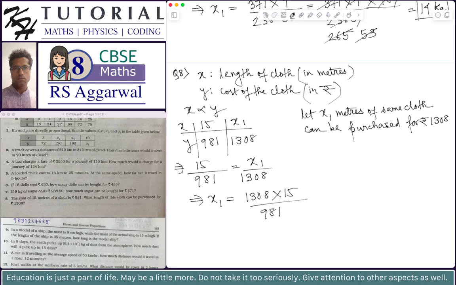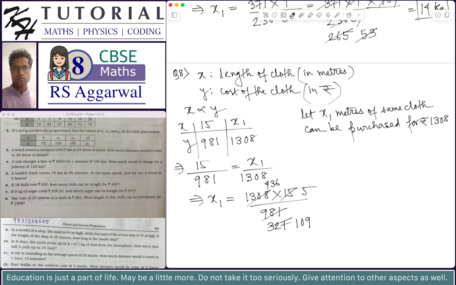Now 981, its sum of digits is 9 and 18, so it must be divisible by 3. So 3 divides 15 with 5, and 3 divides 981 with 327. 3 divides 12 with 4, and 3 divides 1308 with 436.